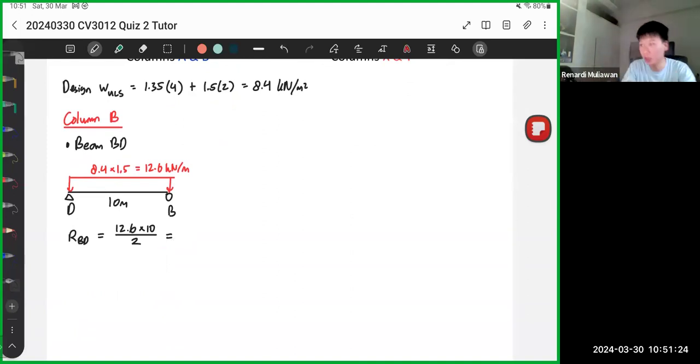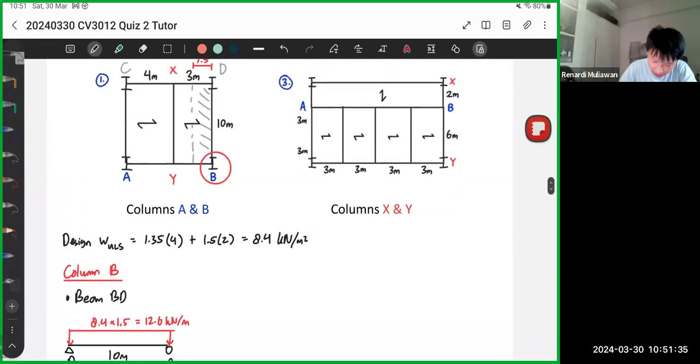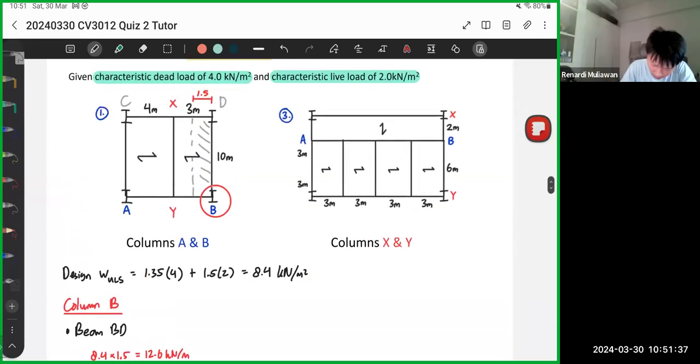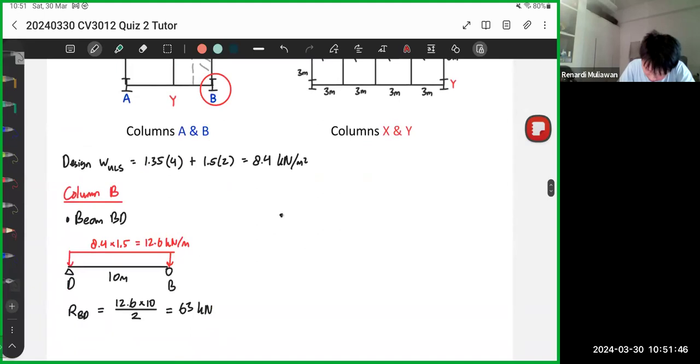So we can divide the loading by 2. So 12.6 times 10 divided by 2, you will get 63. So that's beam BD. Now let's go to beam AB, because we need to consider beam AB since it's connected to B.